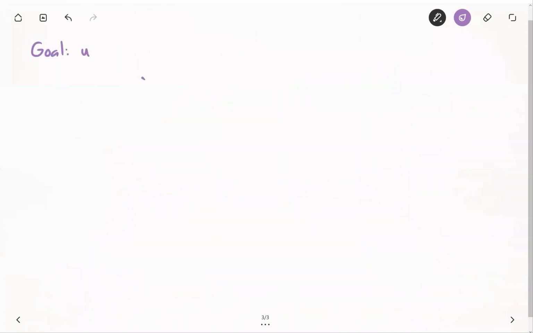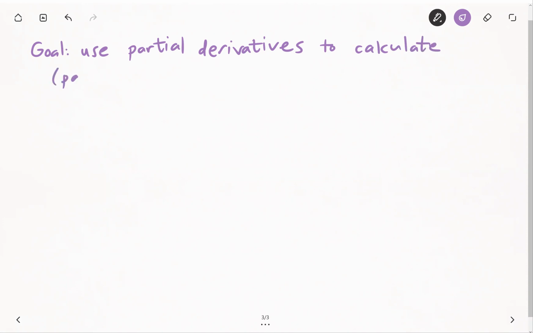So our goal is going to be to use partial derivatives to calculate, in particular, parametric equations of tangent lines. Right. So what's the idea?